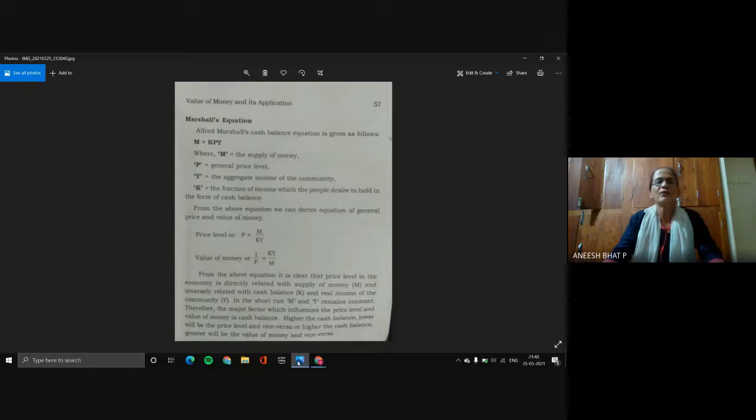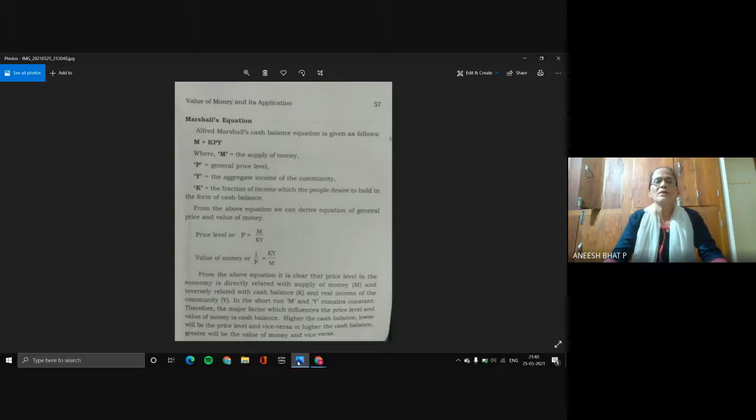General price level means the prices of all goods and services taken into consideration. The prices of the various commodities sold in the economy are taken into consideration, and we call it the general price level.